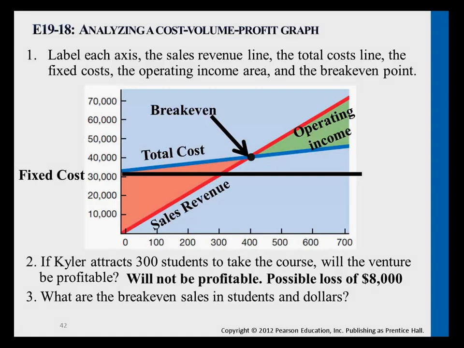What are the break-even sales in students and dollars? How do you know that it's 400? You go all the way down, right? Here it's 400, and then we go all the way across to the dollars axis. Okay, 40,000 in sales and 400 students. Good job.